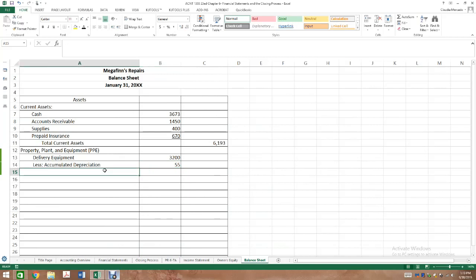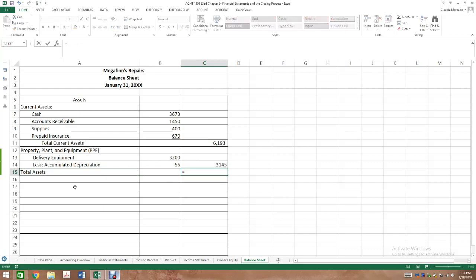Now I'm going to calculate my property, plant, and equipment. Let me do an underline here. My balance is my $3,200 minus your $55, so your property, plant, and equipment is valued at $3,145.